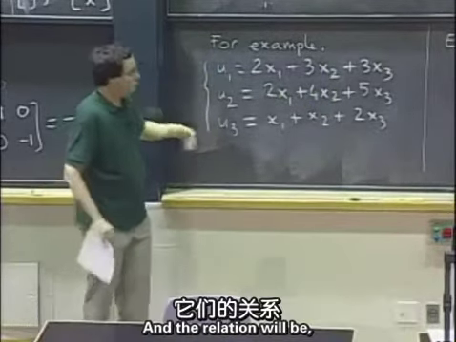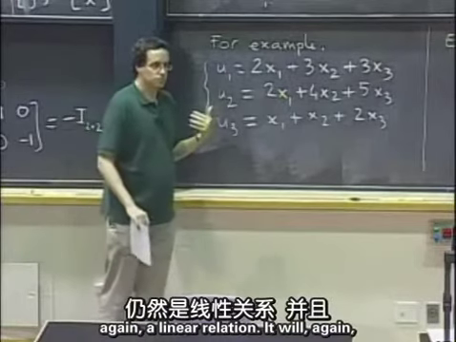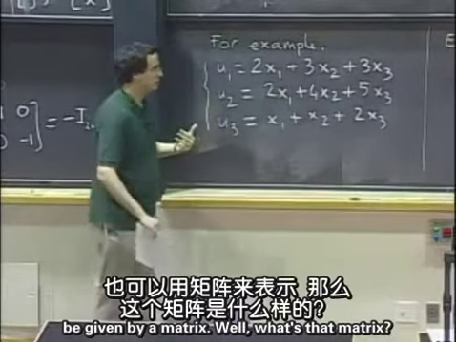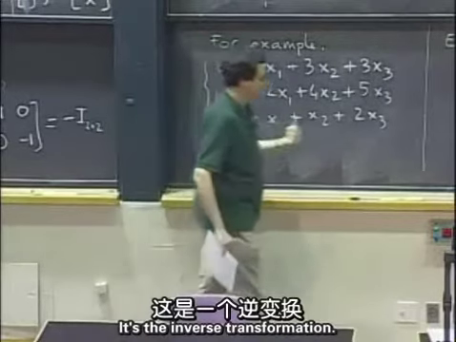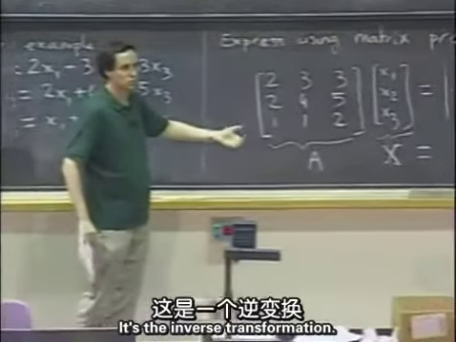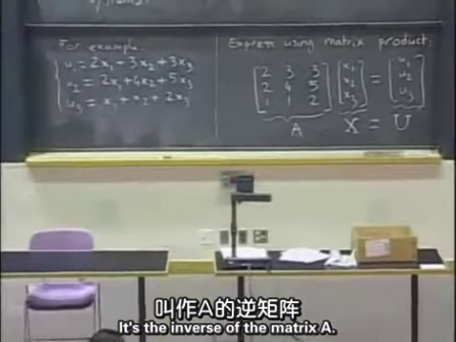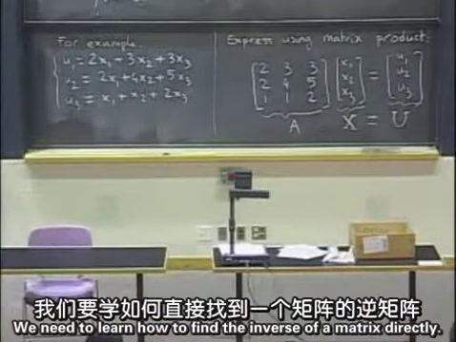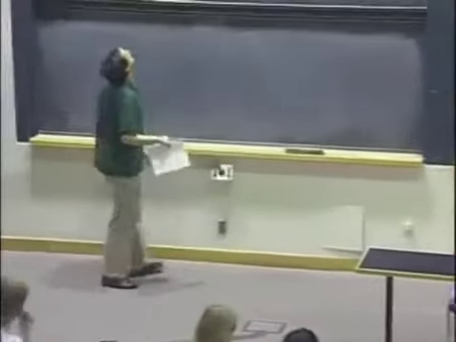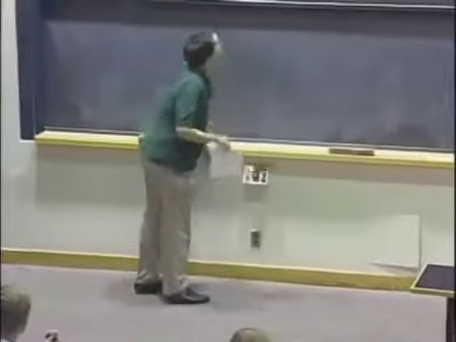And the relation will, again, be a linear relation. It will, again, be given by a matrix. Well, what's that matrix? It's the inverse transformation. So it's the inverse of a matrix A. So we're going to learn how to find the inverse of a matrix directly.